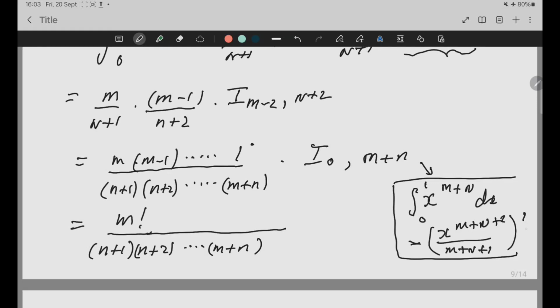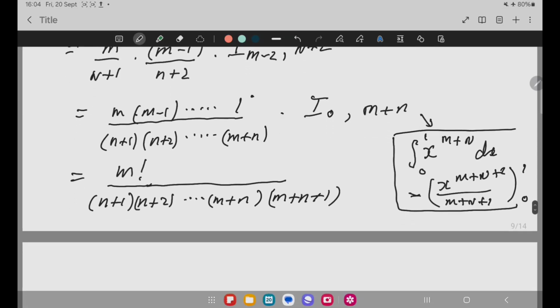And when you put in the limits, 1 and 0, the bottom limit will make it disappear. The top limit will make the numerator 1. So that will come to 1 over m plus n plus 1. And that completes the integral.